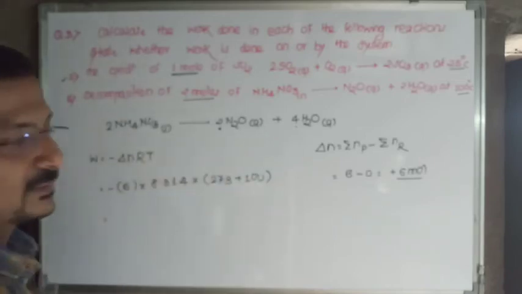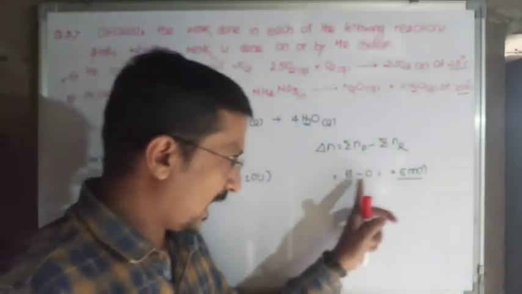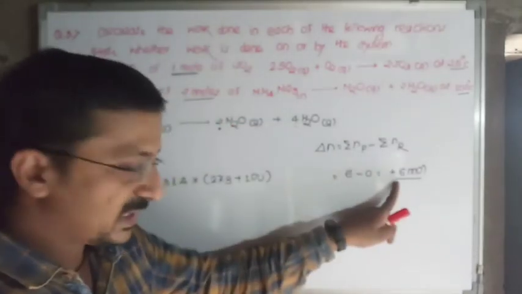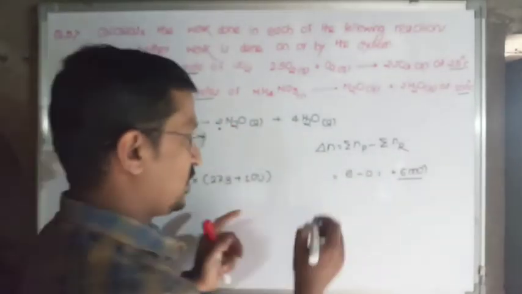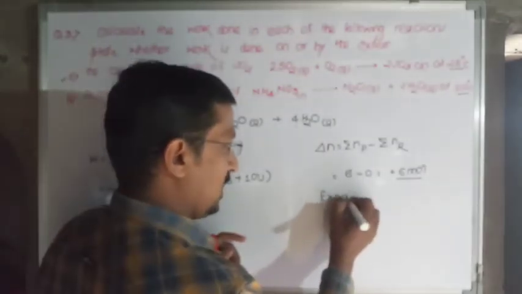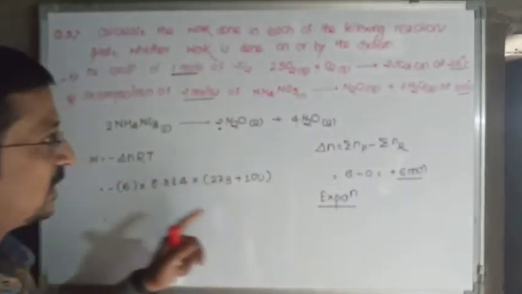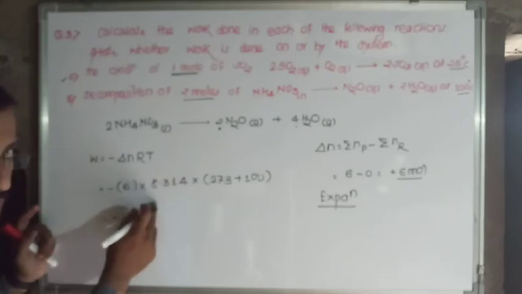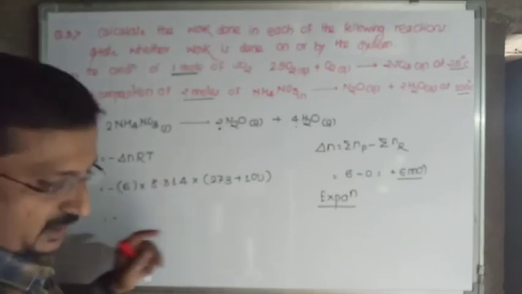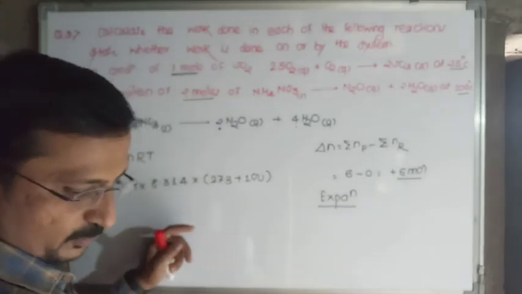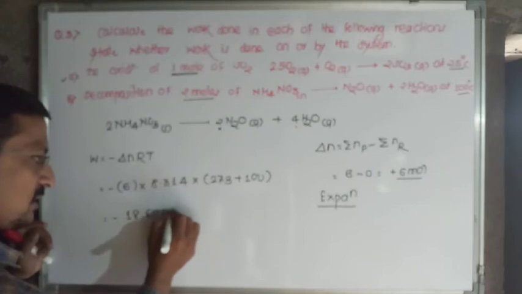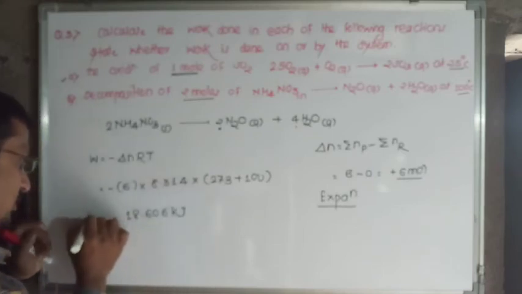If you solve this, as the number of moles increases from reactant to product, it is expansion. As expansion takes place, work of expansion is negative, so this negative sign stays as it is. The final answer comes out to be 18.606 kilojoule, and this is the work of expansion.